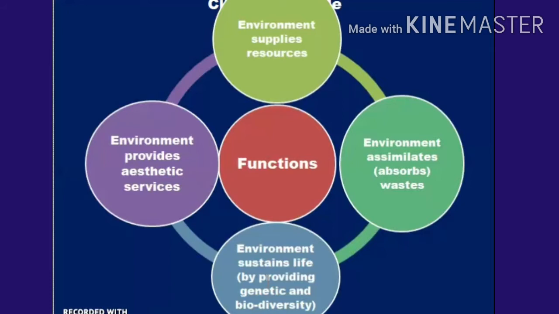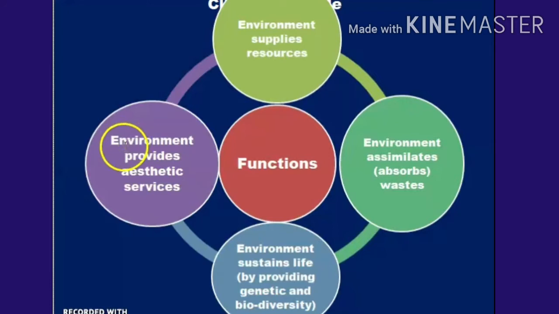The next point is that the environment provides aesthetic services. From space, the Earth appears as a beautiful blue planet, as you know. The Earth provides breathtaking scenery; mountains, rivers, birds, animals, and flowers are all great aesthetic delights.